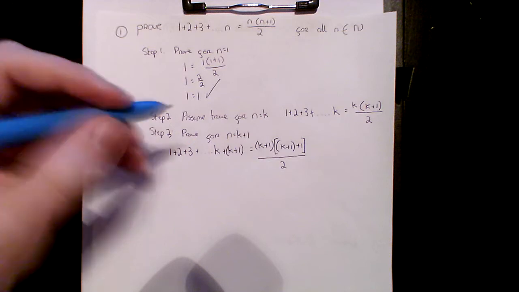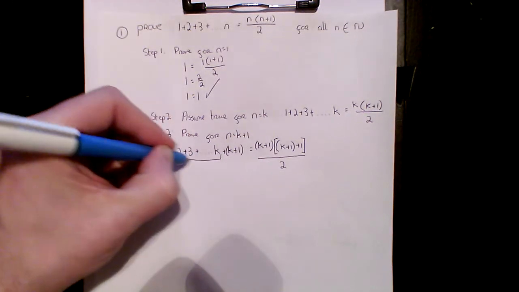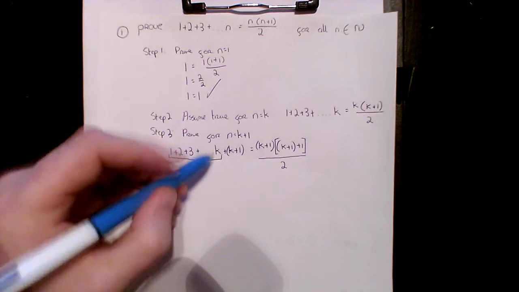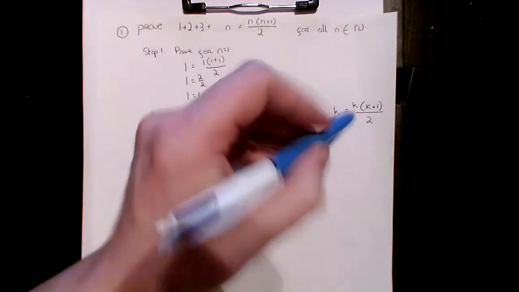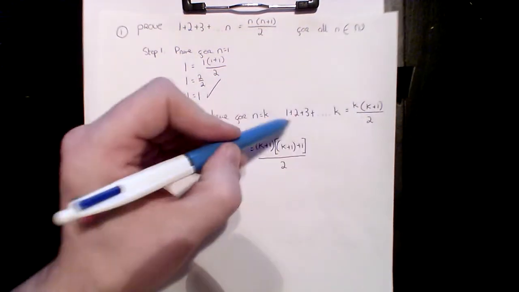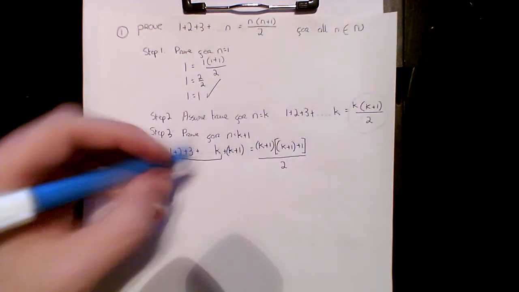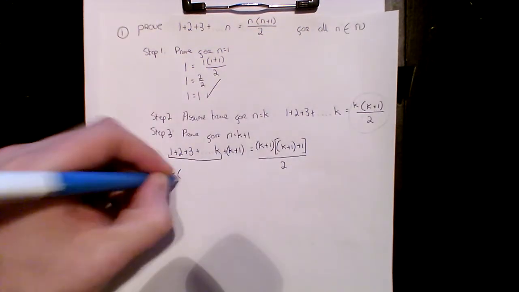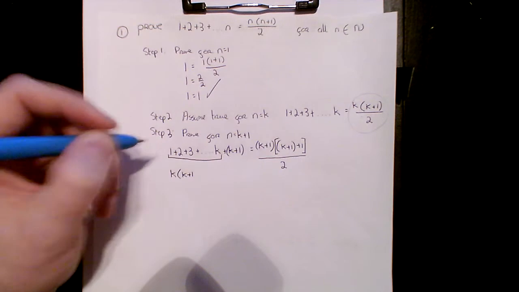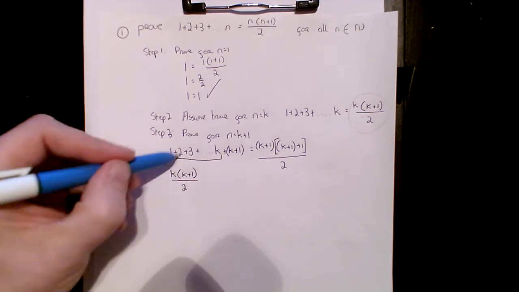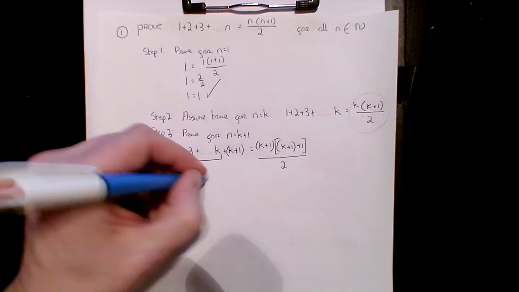Right, so now when I look, I see that here I have 1 plus 2 plus 3 all the way up to k, and I can actually replace that with this, because 1 plus 2 plus 3 all the way up to k is this. So I'm going to do that: k(k plus 1) all over 2. I've replaced this with that.